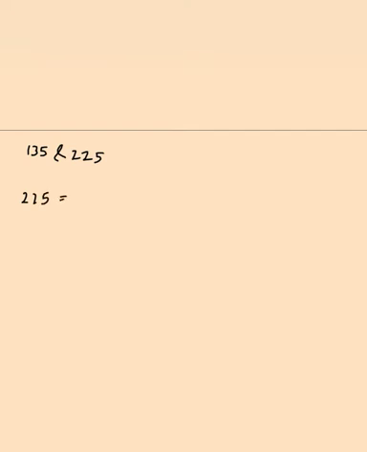So 225 is equal to the smaller number times something plus a remainder. We divide 225 by 135, which gives quotient 1 and remainder 90.